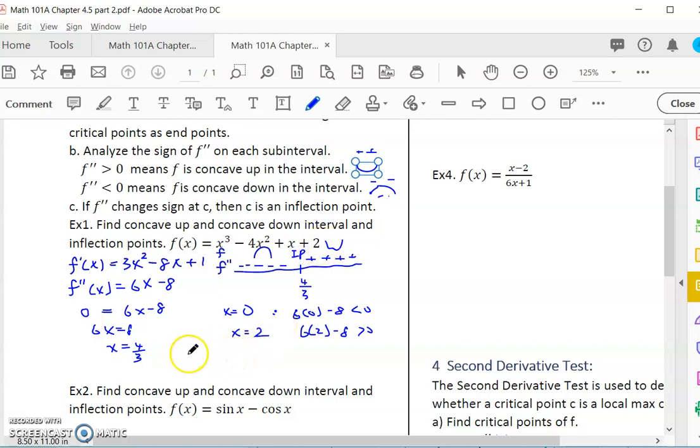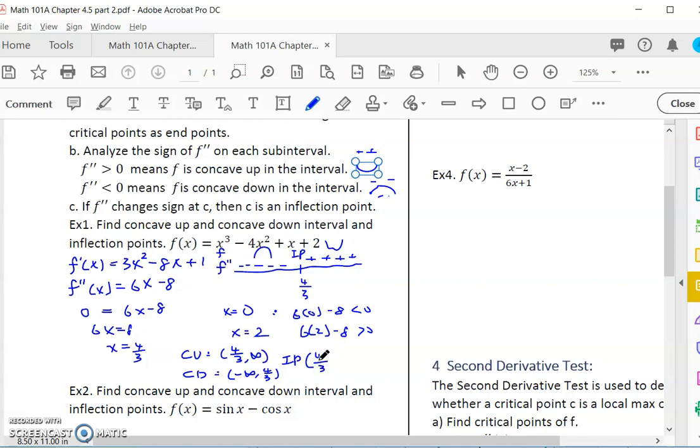So we write down the answer here. Concave up is from 4 over 3 to infinity. Concave down is from negative infinity to 4 over 3. The inflection point is at x equals 4 over 3.